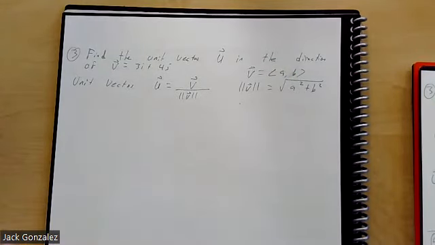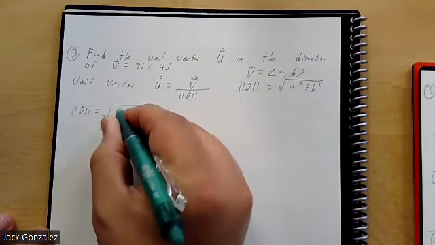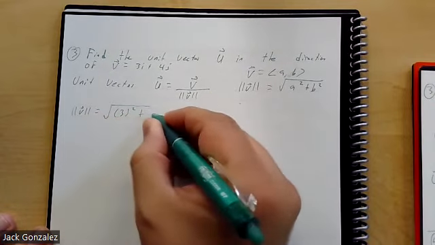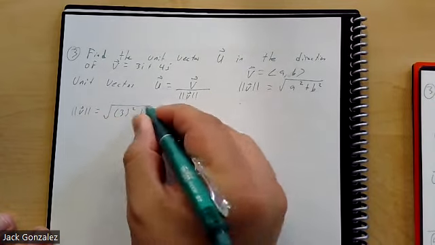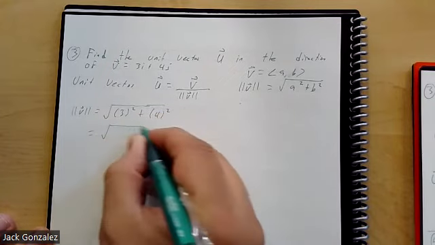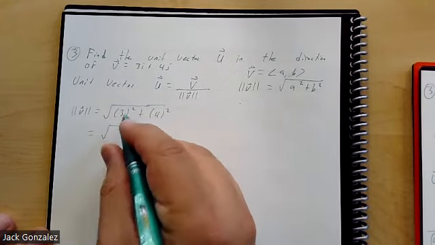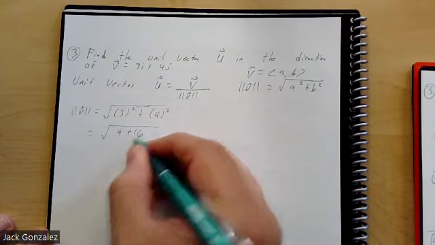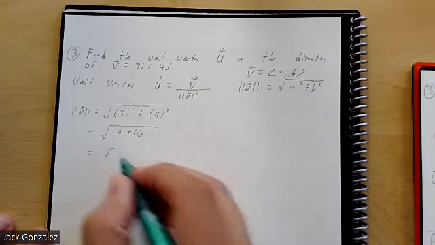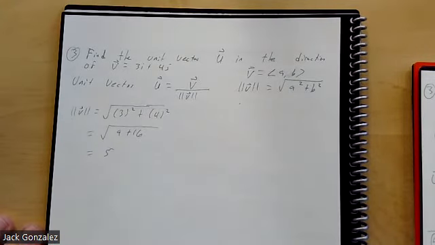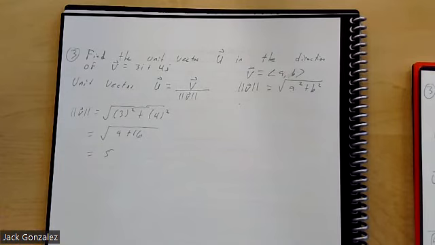Okay, so the magnitude of v is equal to the square root of 3 squared plus 4 squared, which is equal to, what is that, 9 plus 16, 25. So we got 5. That's all we need, really, right?